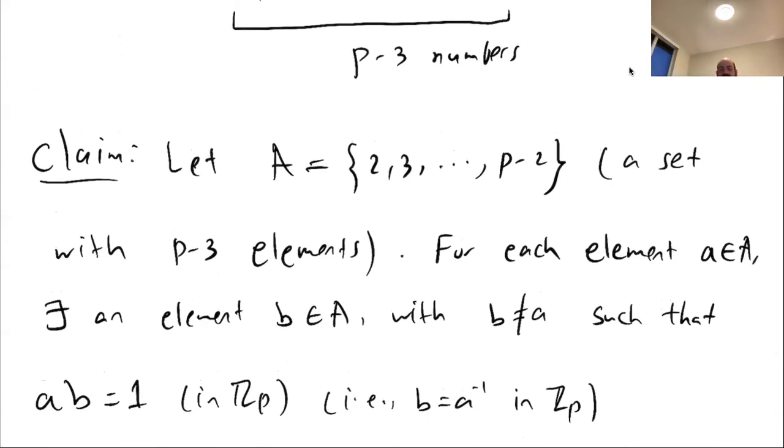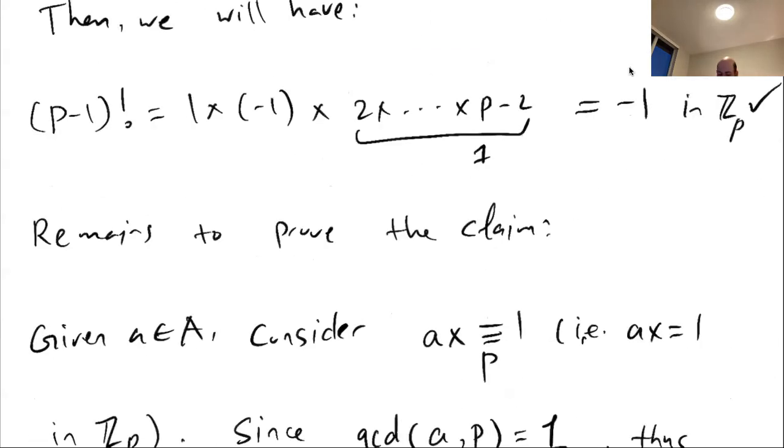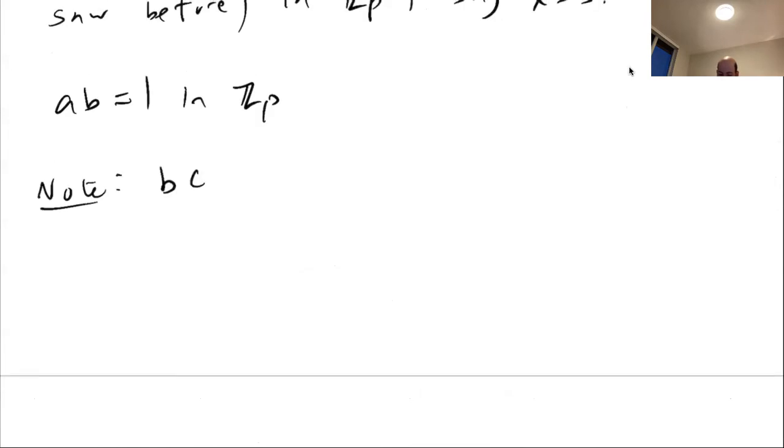If A is in set A, B has to be in A as well, meaning that B cannot be 1 or minus 1. Why? Note that B has to be in A, since B is not equal to 1 and B is not equal to minus 1.